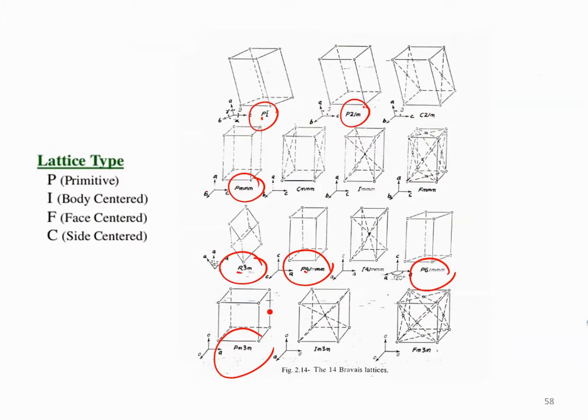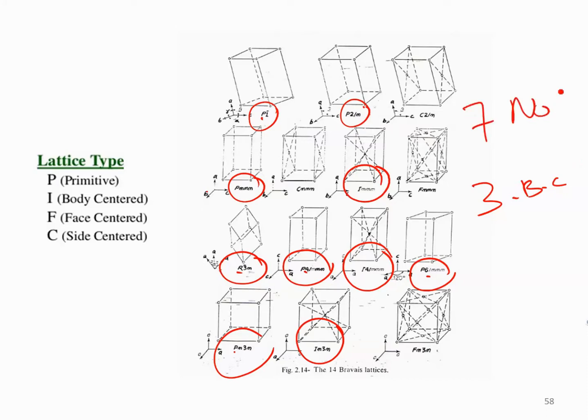7 primitive. And the non-primitive, some are body-centered. 1, 2, 3, 3 body-centered. Out of 7 non-primitive, 3 are body-centered, 2 are face-centered.